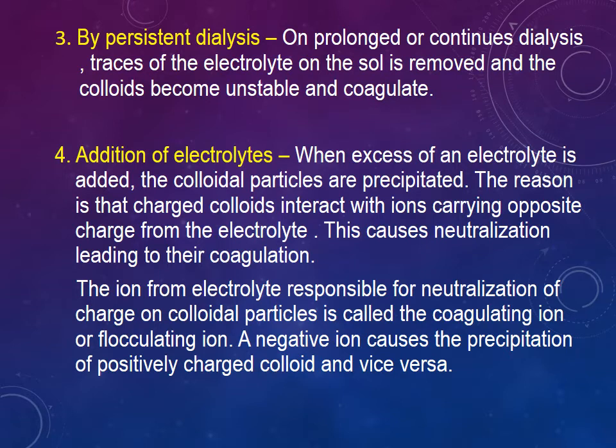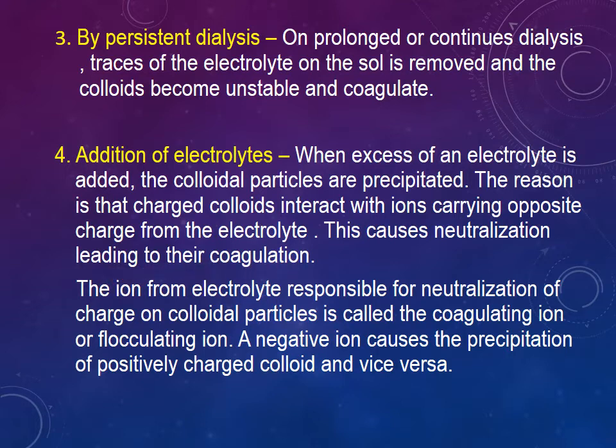The next important method of coagulation is addition of electrolytes. When an excess of an electrolyte is added, the colloidal particles are precipitated. The reason is that charged colloids interact with the ions carrying opposite charge from the electrolyte. This causes neutralization, leading to their coagulation.